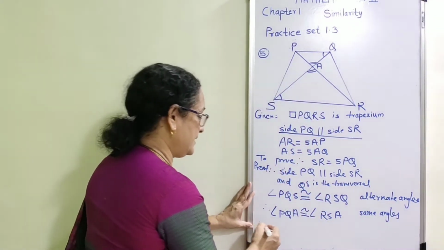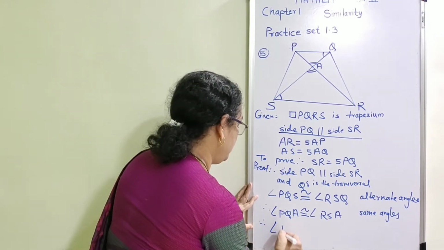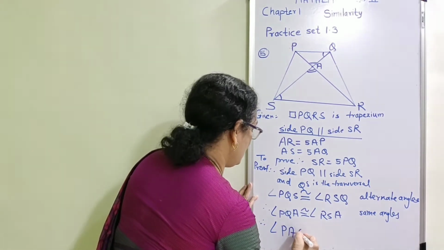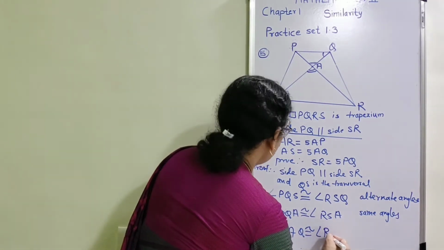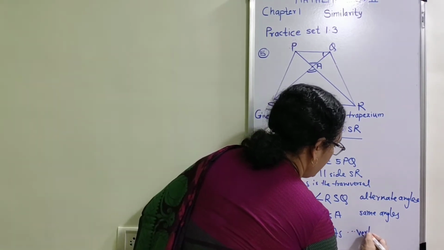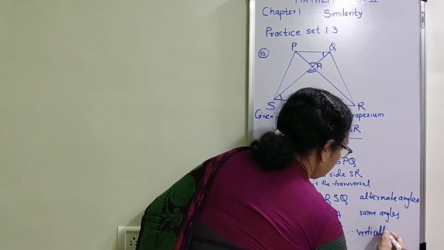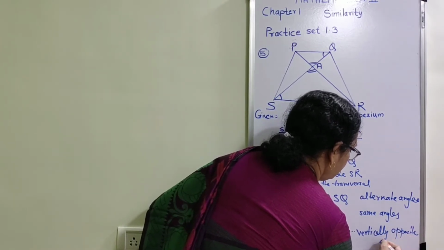Now the second pair is vertically opposite angles. Angle PAQ is congruent to angle RAS. The reason is vertically opposite angles.